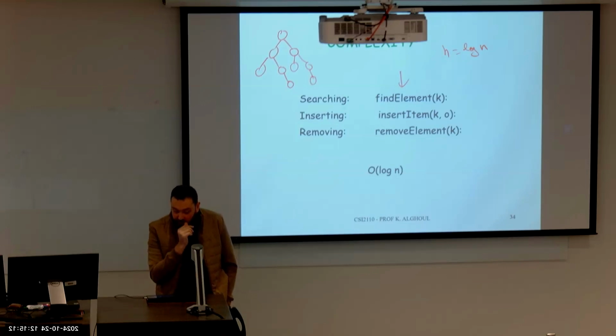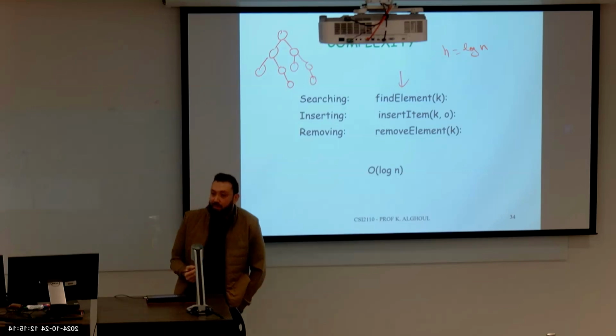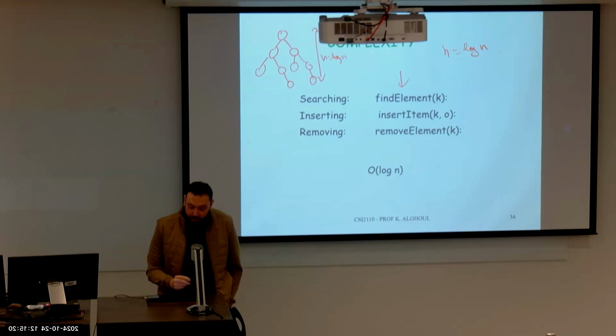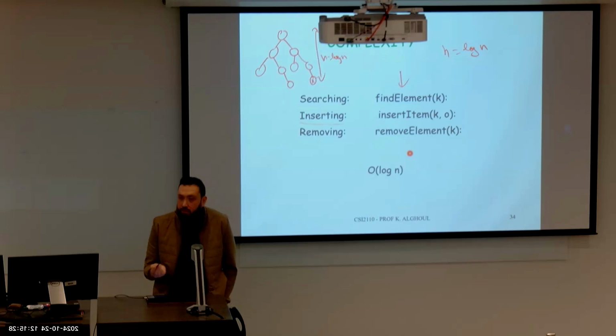Now, if I want to find something, this is my height. The worst case will be I'm trying to find this one here, right? So I'm going to go to log of n. Now, but why is inserting also log of n?